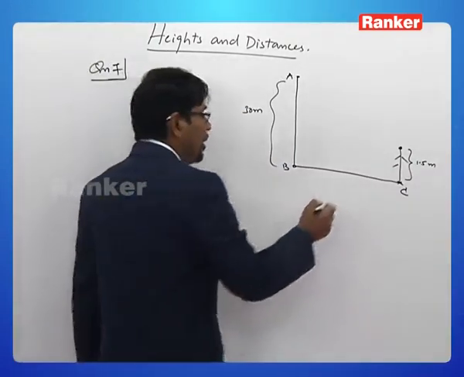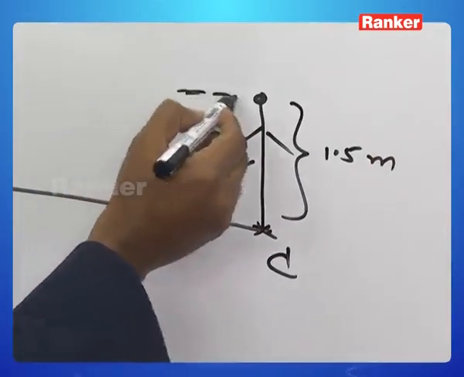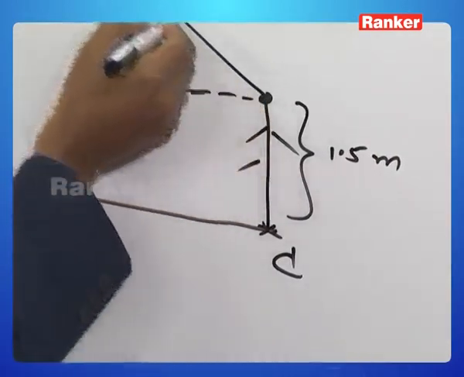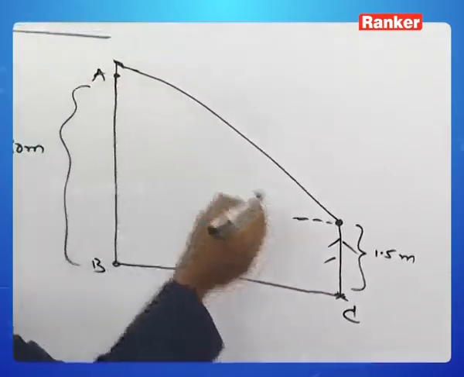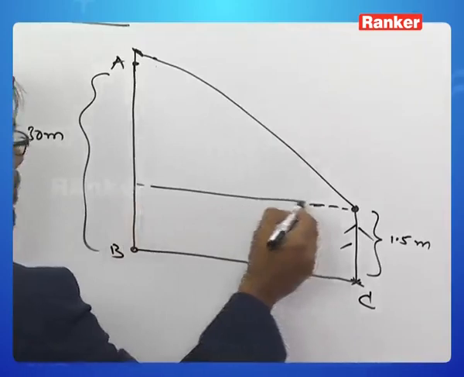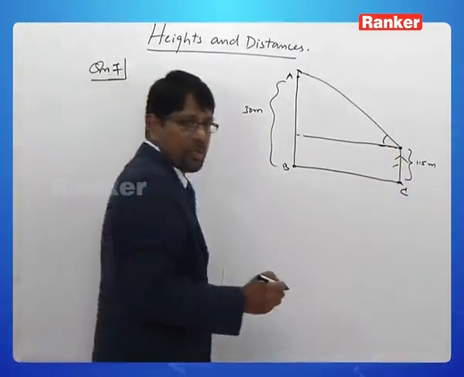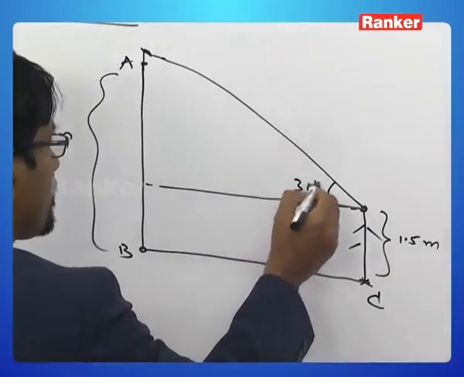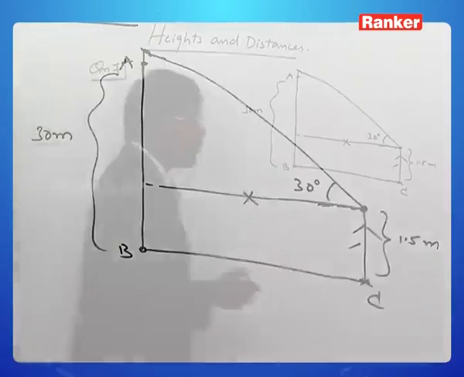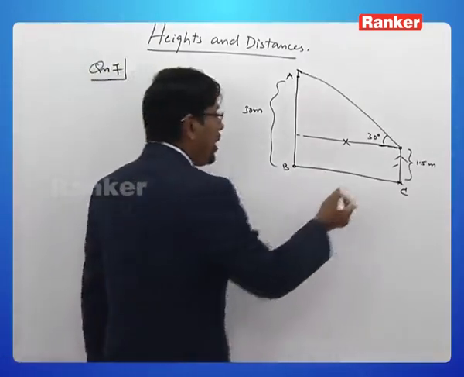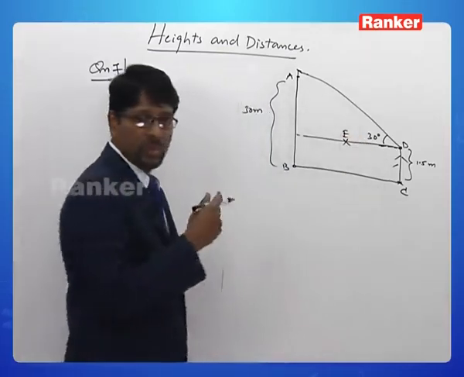Okay. Now he moves through some distance. Right now his angle of elevation to the top of the building, that is, from here, if you measure the angle of elevation, that is 30 degrees. After some distance, let us say he has walked up to this point E. Okay.